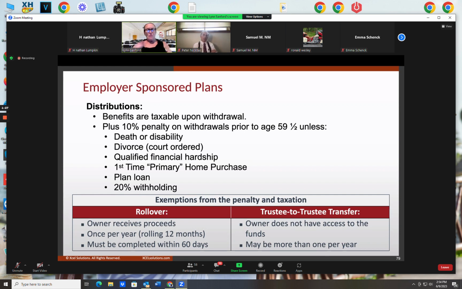That's known as a trustee transfer. The owner does not incur any taxation because I'm not going to receive the money. And I may do this any number of times throughout the year I want to. I can do as many trustee to trustee transfers as I wish, but I can only do one rollover per year. So there again, I don't want to receive the money.